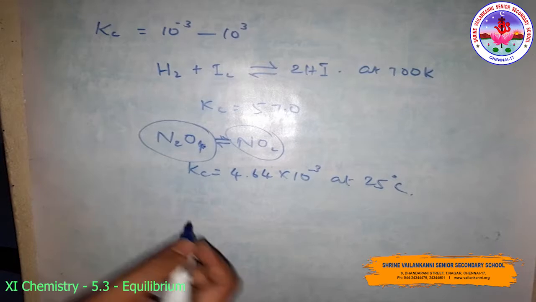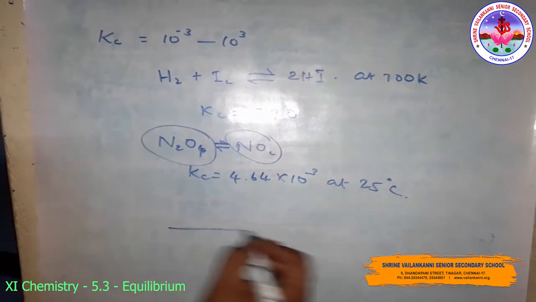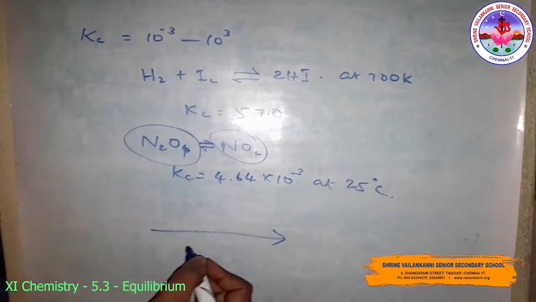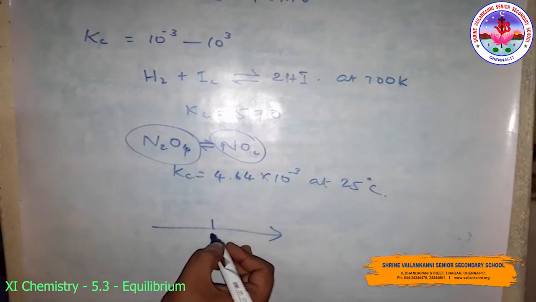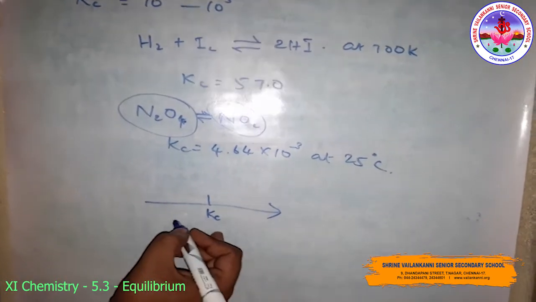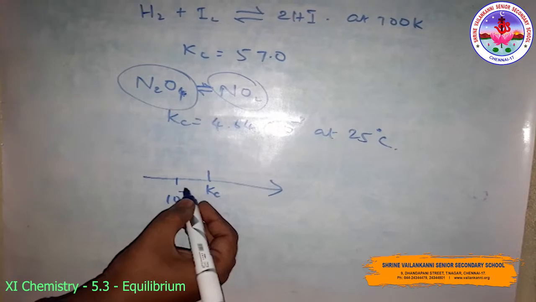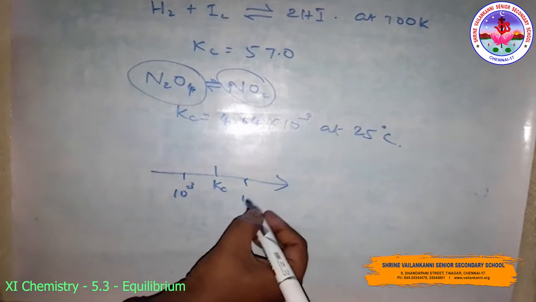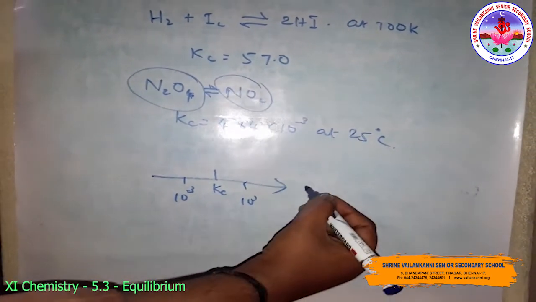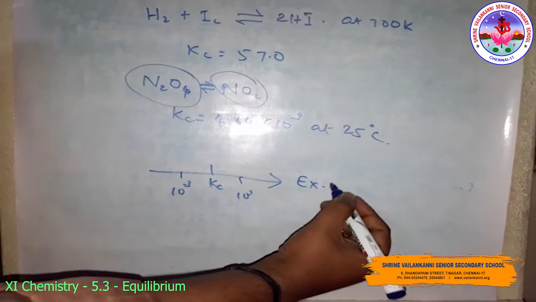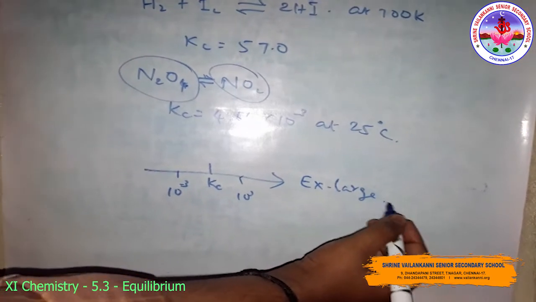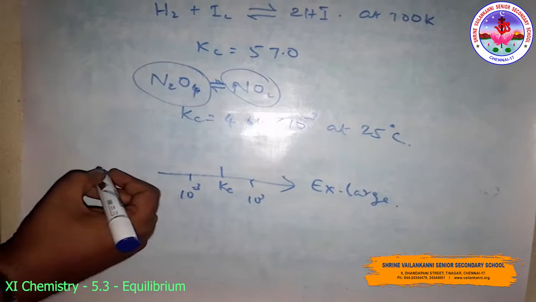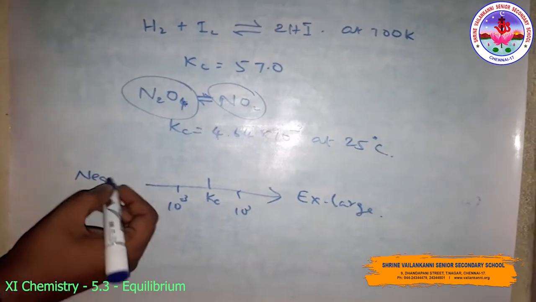See, for example, suppose the Kc value is 10^-3, and this will become 10^+3. This is extremely large and this is negligible.